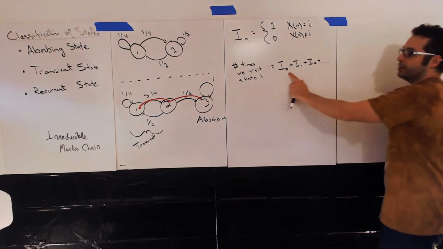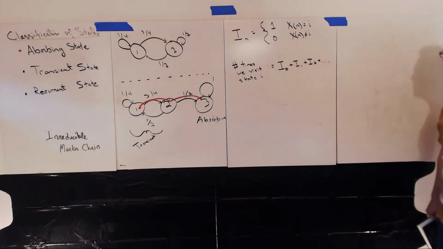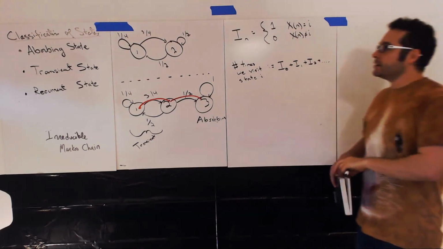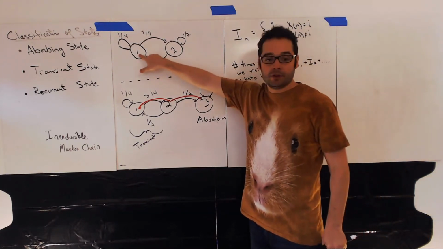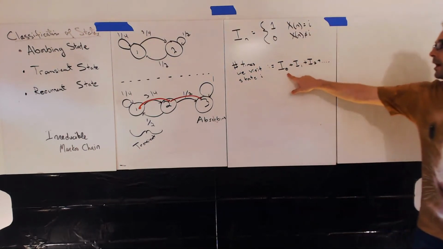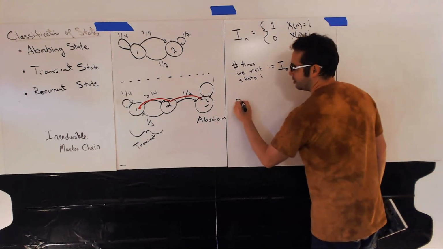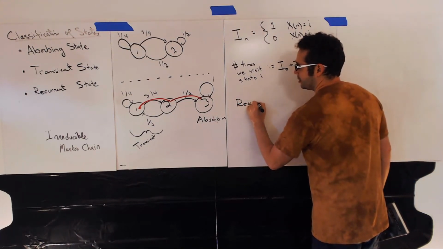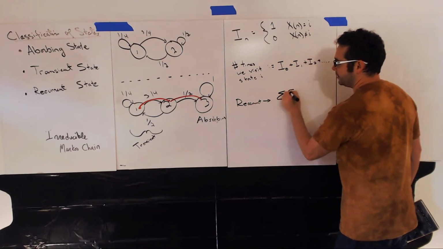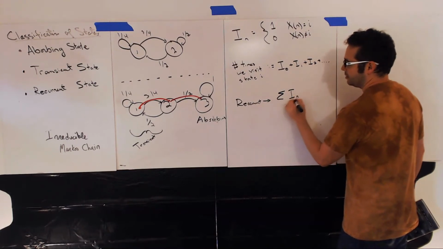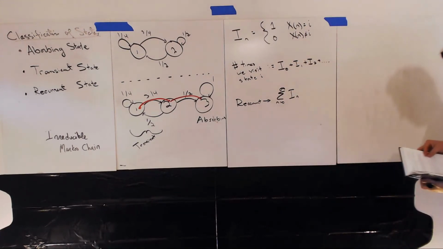Okay, so again, did we visit in time step 0? Did we visit in time step 1, 2, 3, 4, 5? Okay, now it makes sense with the recurrent state variable that if we add up I0, I1, I2, I3, then what will happen is the sum of the I's from n equals 0 to infinity will actually equal infinity.